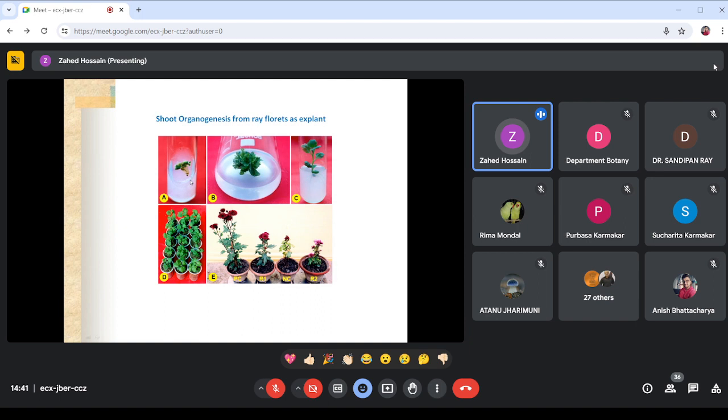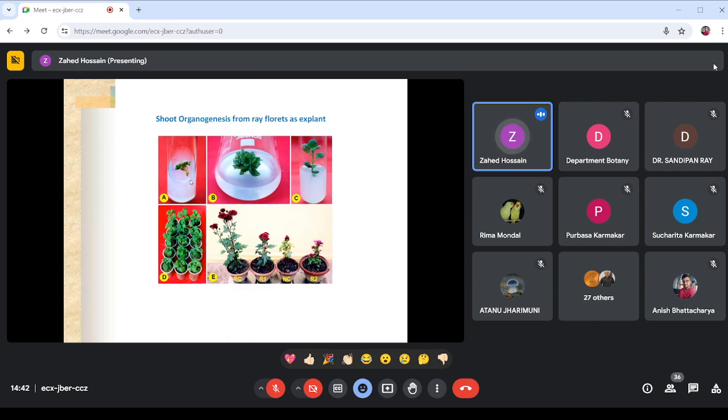Again, this is direct shoot organogenesis, because it is not going through the callus phase. Any part of a plant can be used to induce an aseptic culture or to establish a culture, because the plant cell has those three properties. The most important one is totipotency.